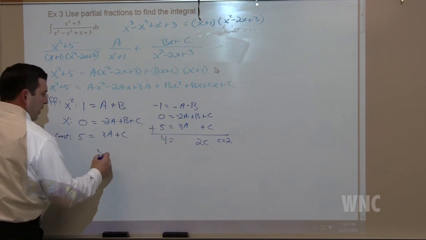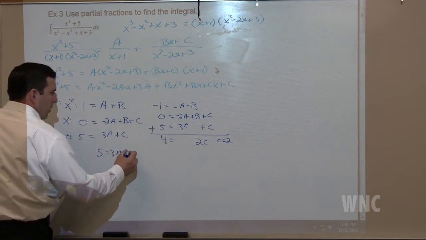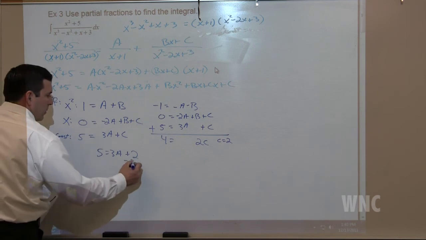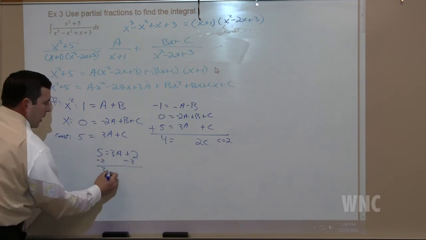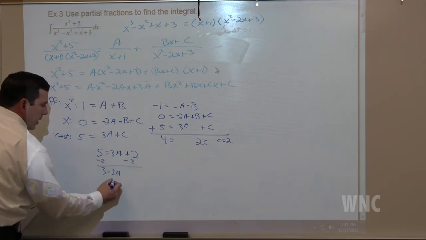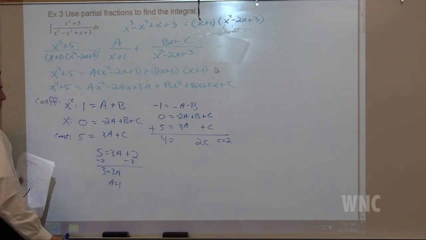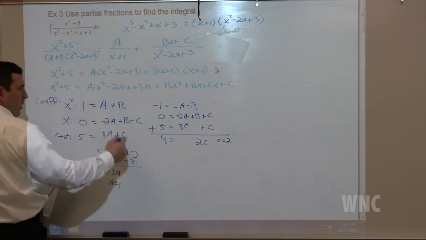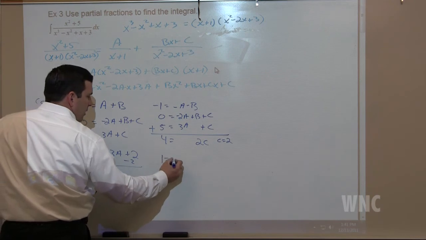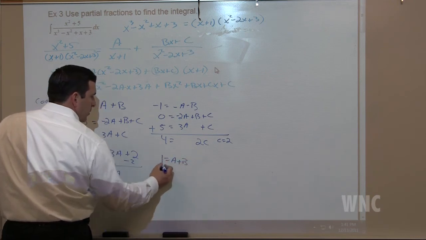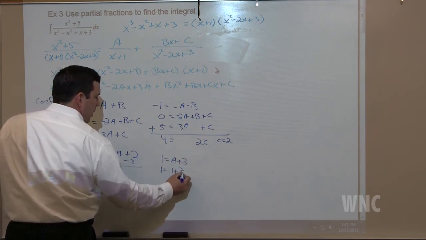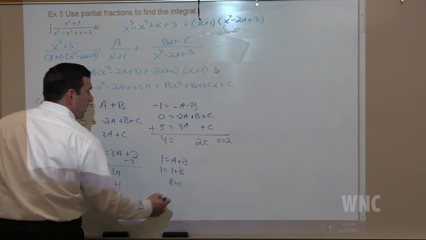Bring it in here. 5 equals 3a plus 2. 3 equals 3a. So a equals 1. Put it up here. 1 equals a plus b. So 1 equals 1 plus b. So b must be 0.